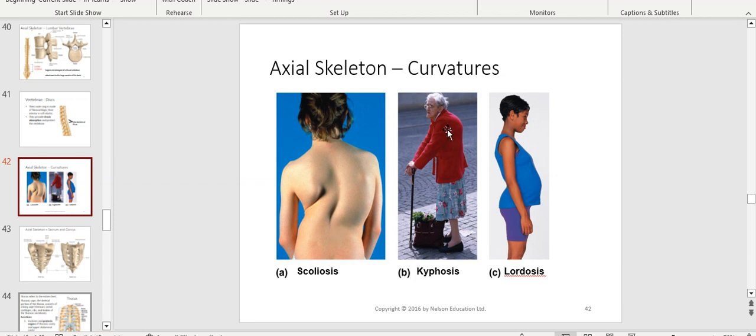This one here is when the deviation is in the upper portion of the spine. And then we have lordosis, okay, in the lumbar region. This is in the lower lumbar region, an improper deviation there of the spine, okay. So scoliosis, kyphosis, and lordosis. Perfect.